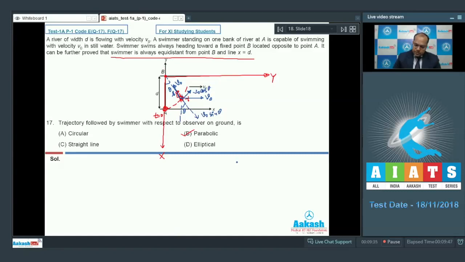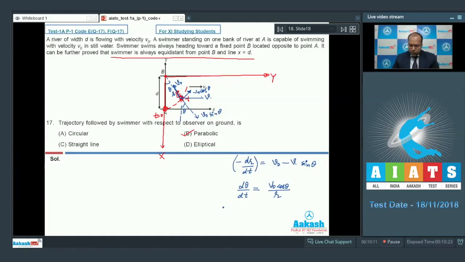So minus dr by dt, the rate of change of distance of the swimmer with respect to point B, is equal to v0 minus v0 sin theta. This is my equation 1. And the second equation: d theta by dt, that is the angular velocity, is equal to v perpendicular, that is v0 cos theta, divided by r.